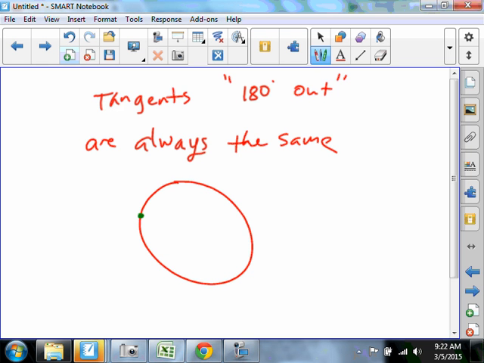Whatever the tangent is at that point, if you were to follow the diameter across to the other side, those tangents here and here would be the same. Okay, that's what I mean by that. So there's really not much more to do to get these tangents down. Tangents 180 out are going to be the same.